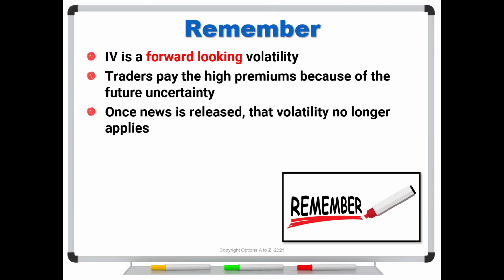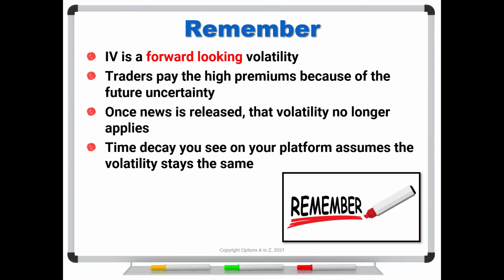But once that news is released, that volatility no longer applies. It's gone. It's old news. And so unless something else comes up, you're going to find that that volatility for that stock is probably going to fall back to its normal levels. So therefore, if you think that the time decay that you're seeing on your broker's platform applies, and that in this example you could subtract off 13 cents and that would be a good estimate, that's a very big assumption.